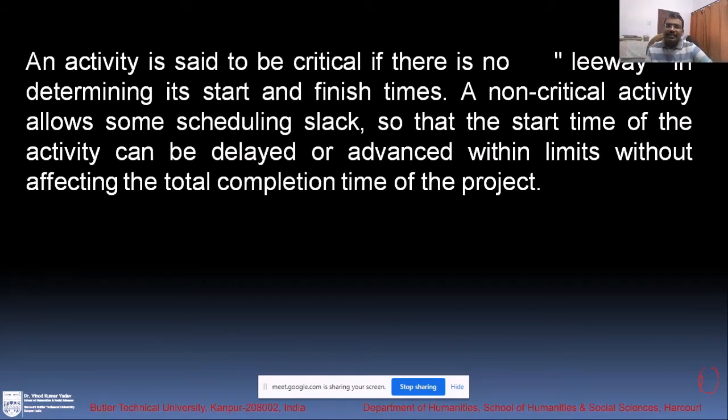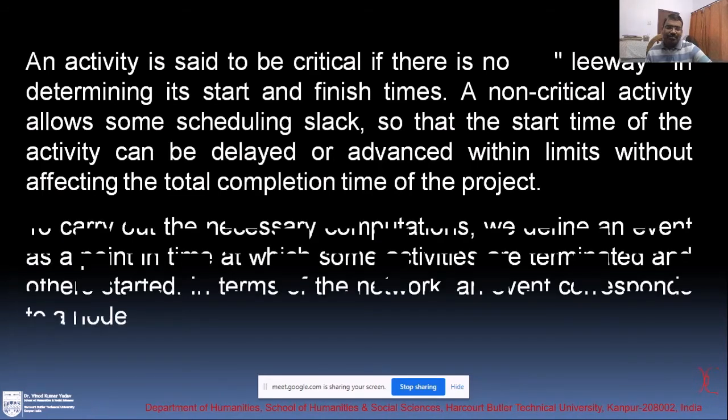Non-critical activities allow some scheduling slack. There is some slack between their earliest start time and latest finish time. So the start time of the activity can be delayed or advanced within limits without affecting the total completion time.